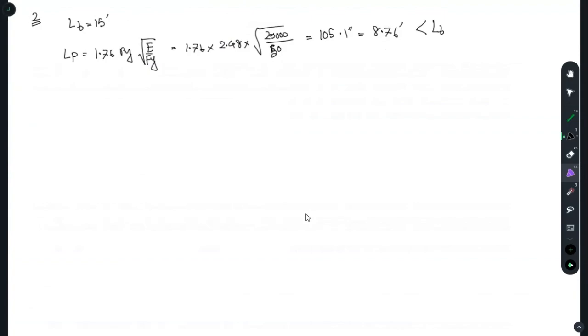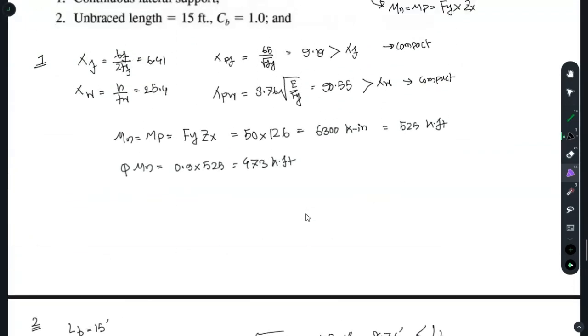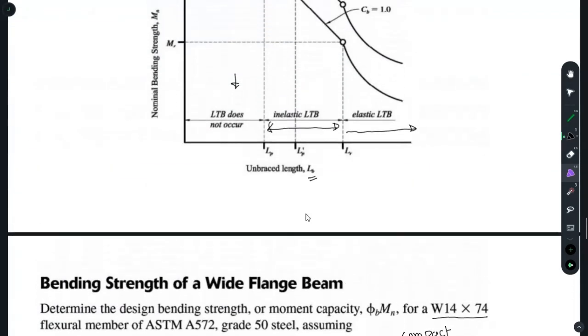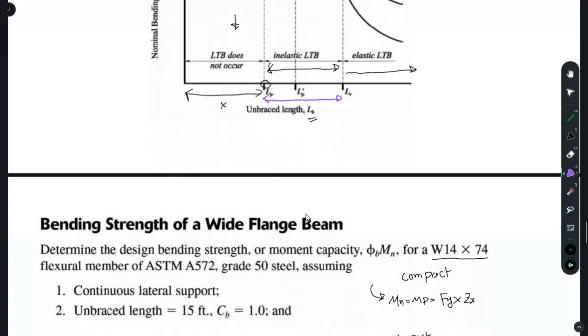Actually we have three regions. First of all, we check if the value is within this region, but in our case it is not. So we'll go to the second criteria, if our value is within this region, which is called the inelastic lateral torsional buckling zone. We'll check if our value is within this region. If so, we'll use the formula for this region.